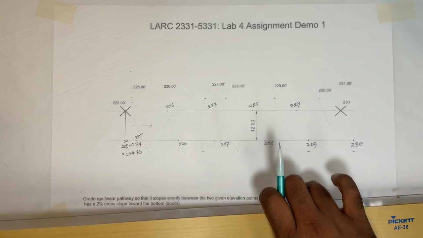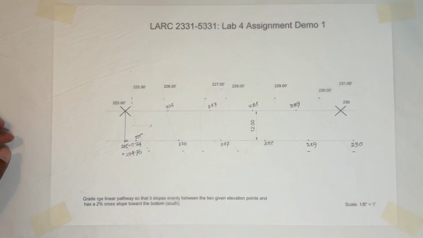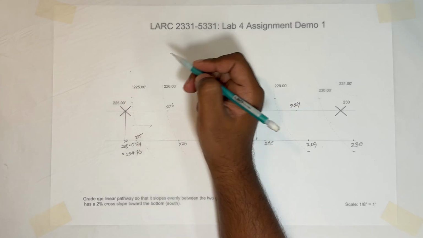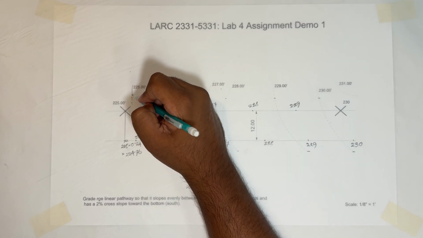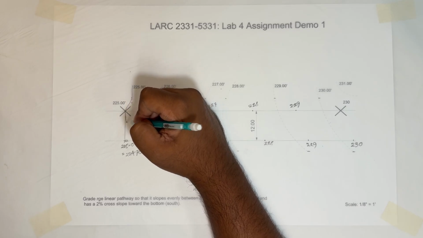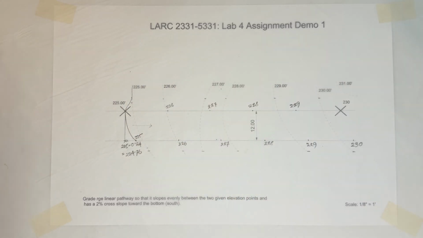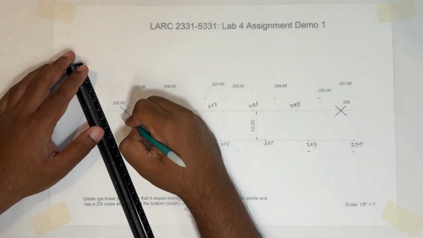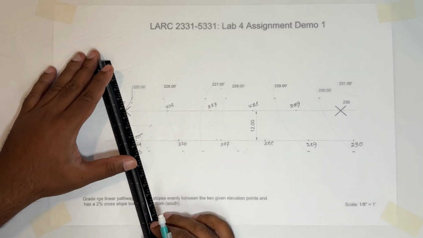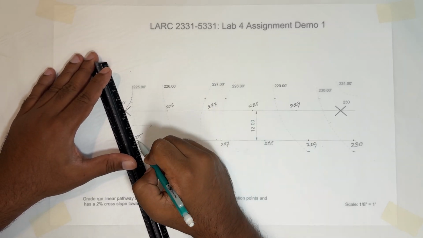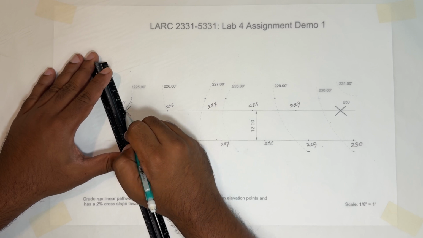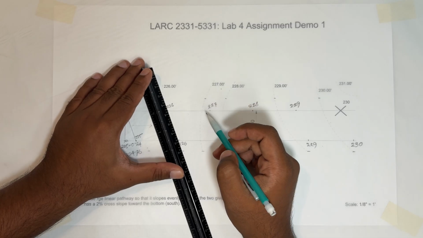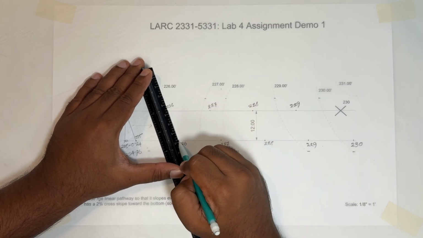And now I'll just draw them smoothly, and I'll speed this part up. So for the first part, it goes over here, then comes back, then goes. It's important that these remain straight because this is a mechanical road. So essentially, I need to draw connection points between these. So that would be the 225, 226. I need to connect them with a straight line and then make the rest of them smooth.